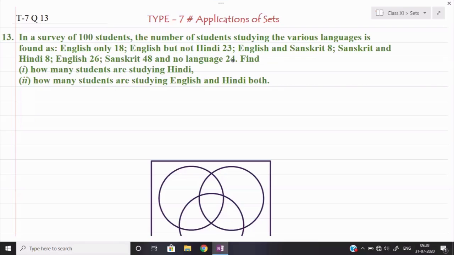First of all, let us suppose some symbols.